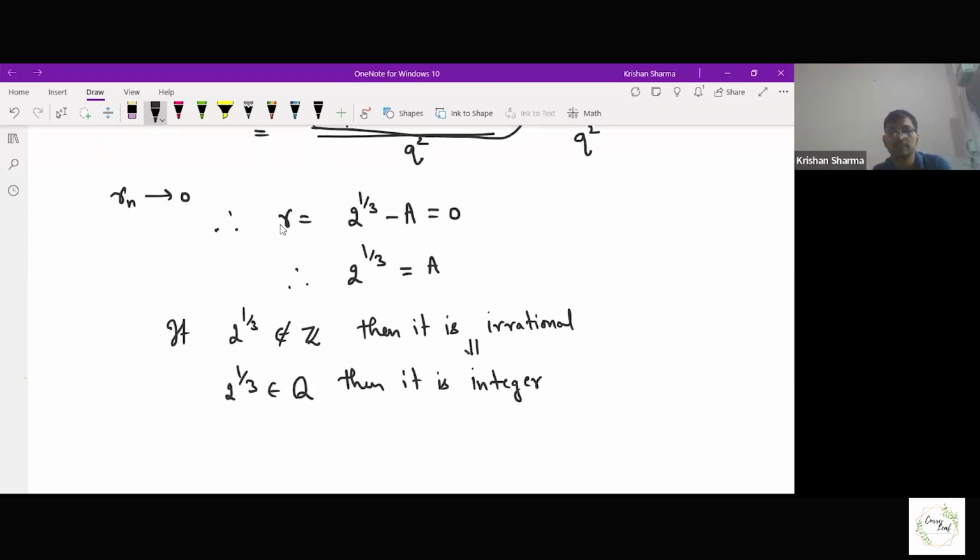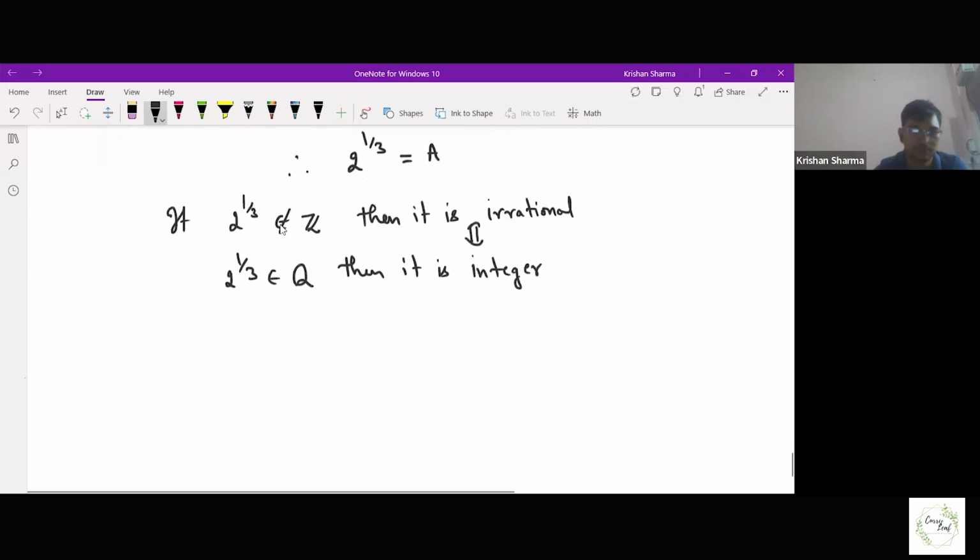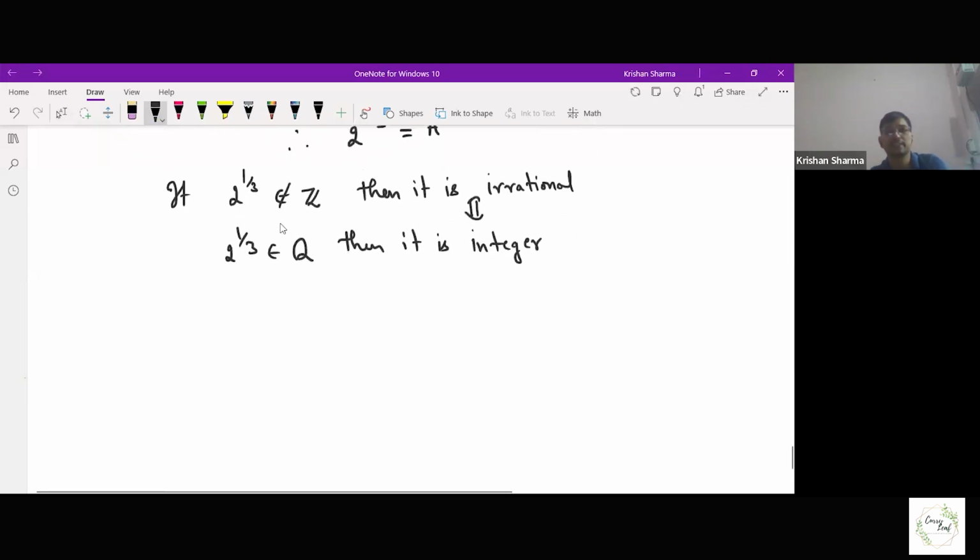They are both the same thing. Because real numbers are either rational or irrational. So if it is rational, then it is an integer. If it is not rational, then it will be irrational. So that's another way of saying the same thing. And that will tell that if it is not an integer, then it is irrational.